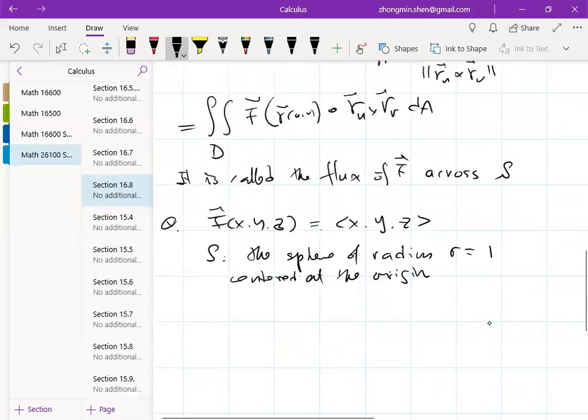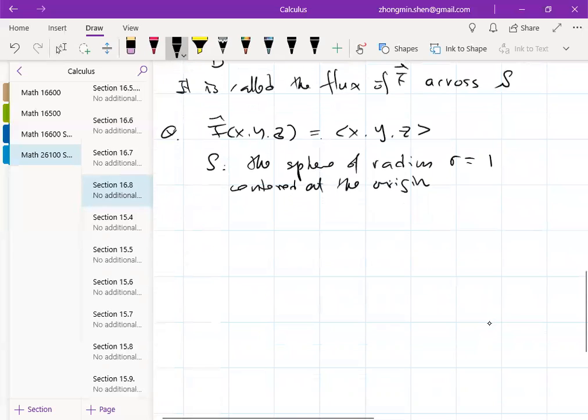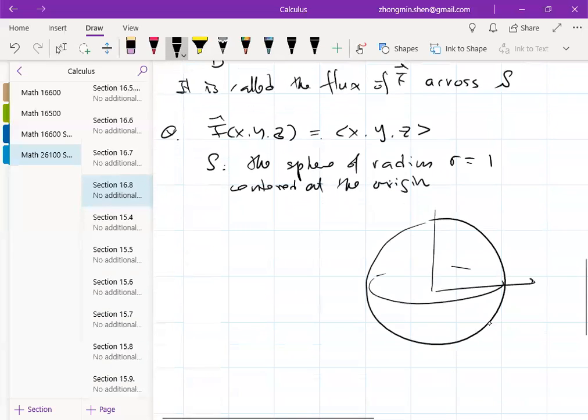So here's a picture. I just take an easy case. So the vector field is going like that along the surface, along the sphere, right?